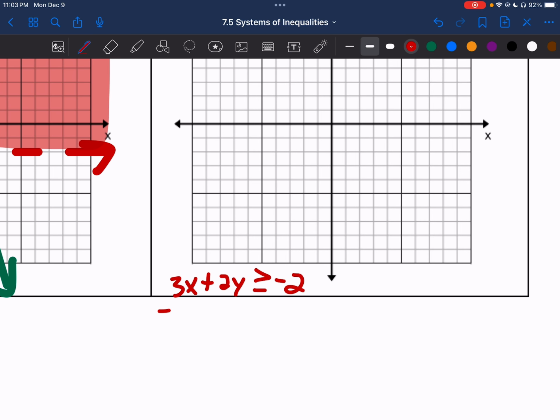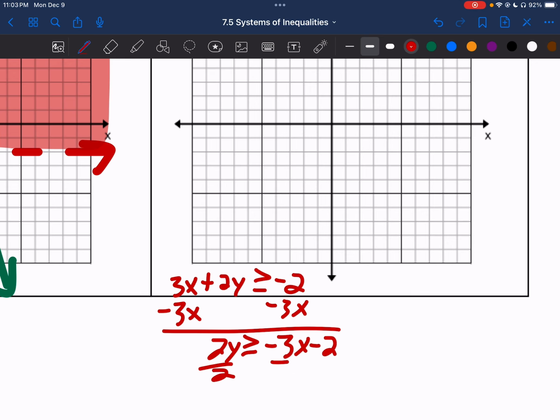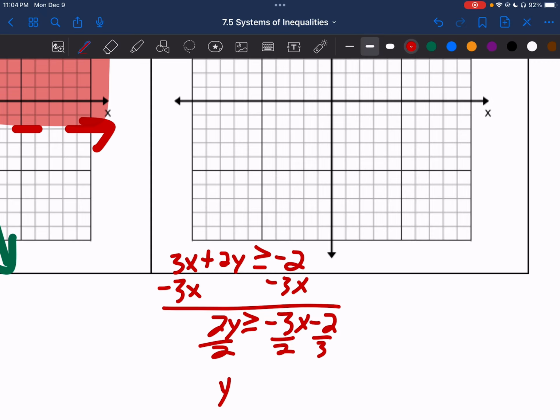So I subtract 3x from both sides. 2y is greater than or equal to -3x minus 2. Divide by 2, all three parts. We get y is going to be greater than or equal to -3 halves x minus, sorry, that was divided by 2, minus 1.